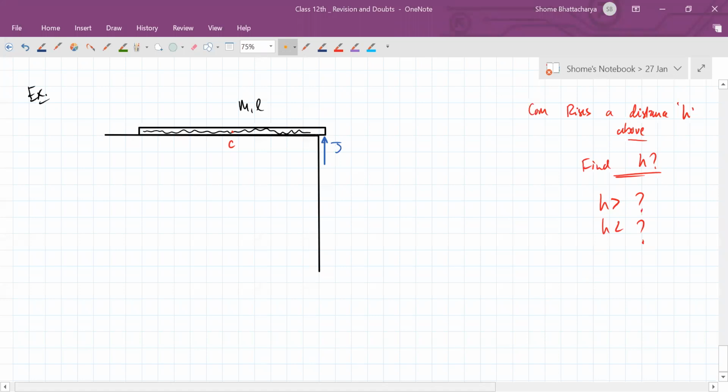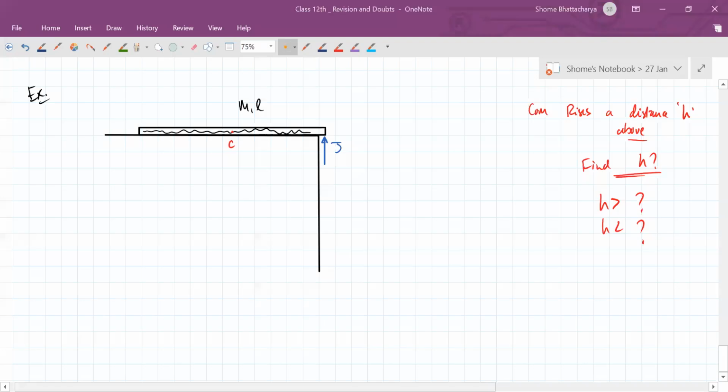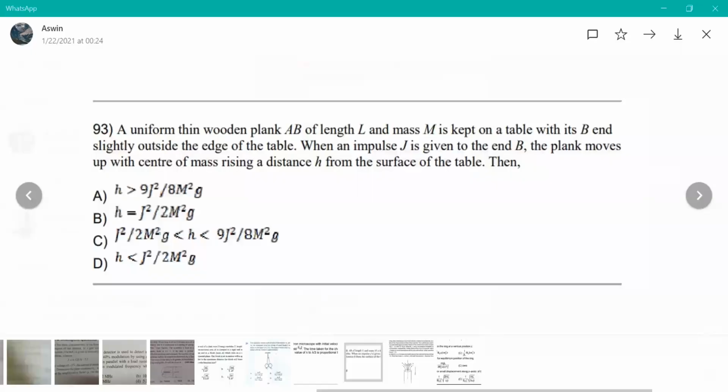Just give me a moment. I'll try to share the question. Not able to. Yeah, I think I can share the question now. Yeah, so this is the question. Just go through it. I'll explain. Okay, so you can see the options. I've explained the question in the diagram.